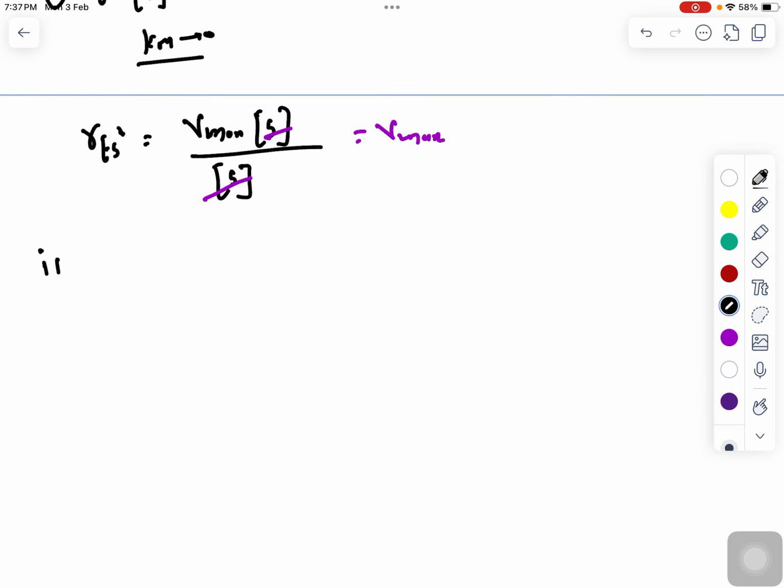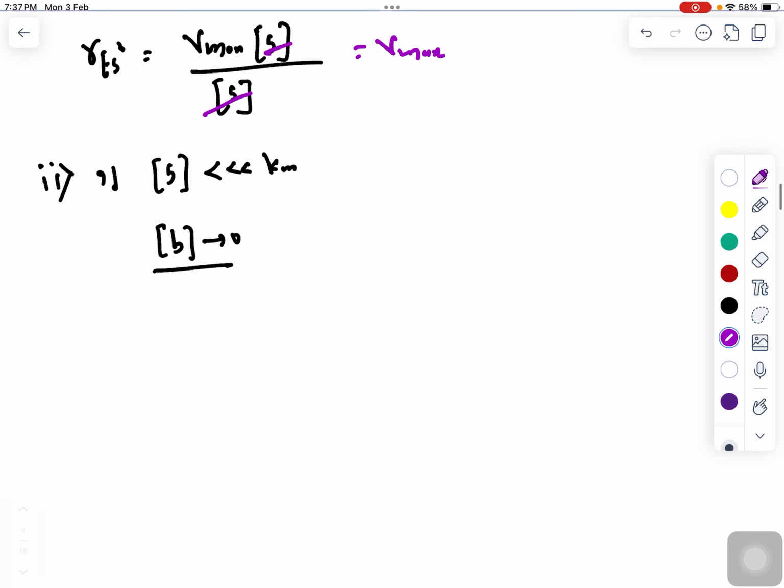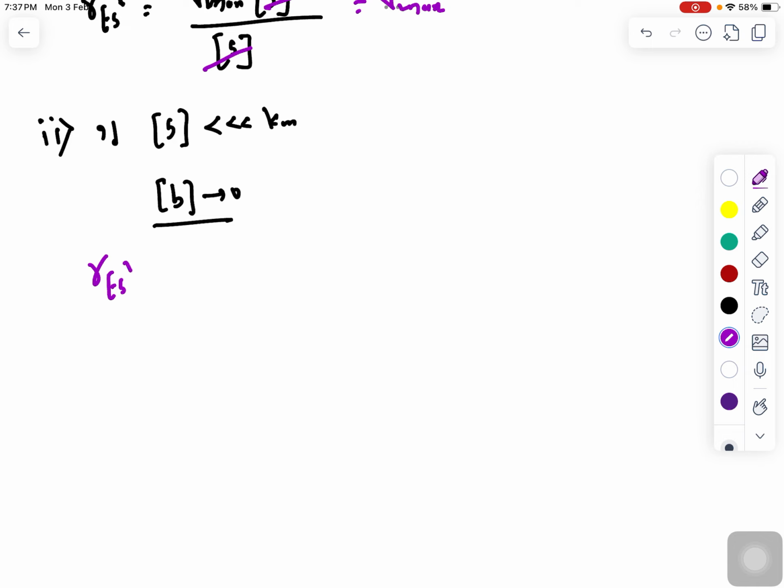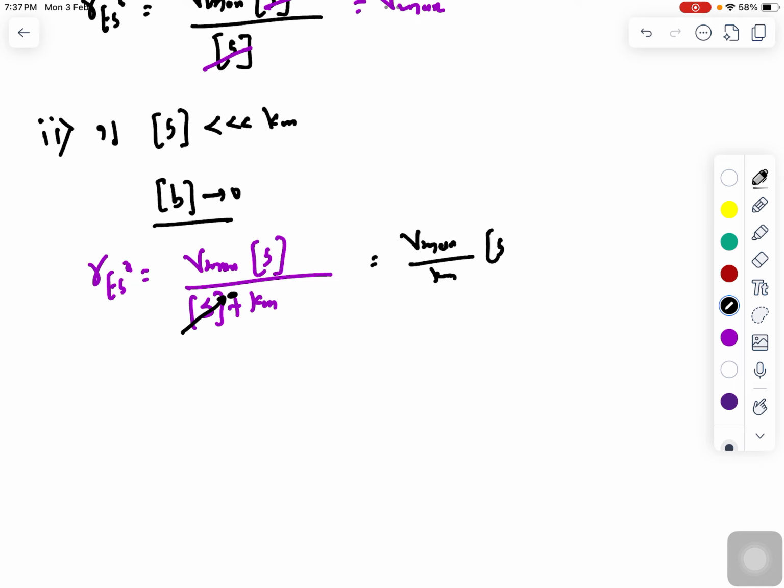The second point is that if the concentration of substrate is very much less than Km, in that case the concentration of substrate in the denominator I am going to neglect. So then if I write R ES star, that can be written as Vmax into concentration of S divided by concentration of S plus Km. So here I am assuming the concentration of S in the denominator is 0, so you can write Vmax divided by Km into concentration of S. And this is going to follow first order kinetics, right?